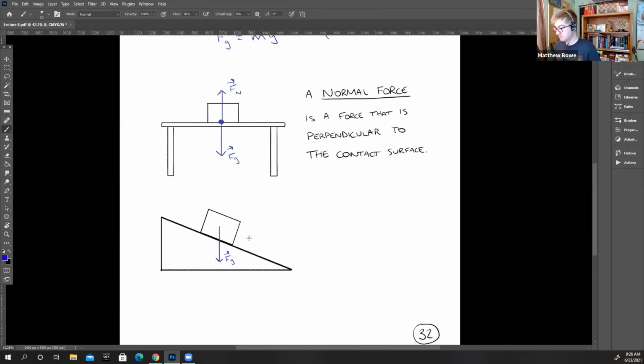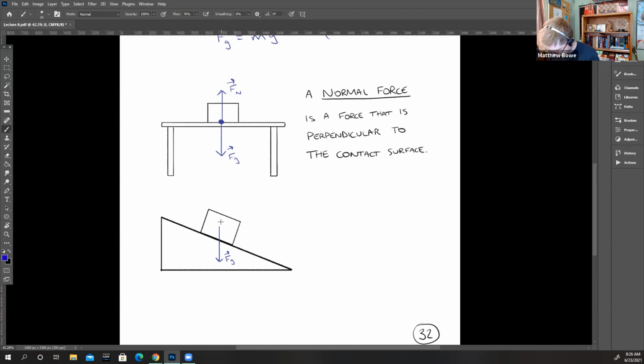There is also, since this block is resting on a surface, it is in contact with the surface, a normal force that is perpendicular to the contact surface. So perpendicular would be this way.